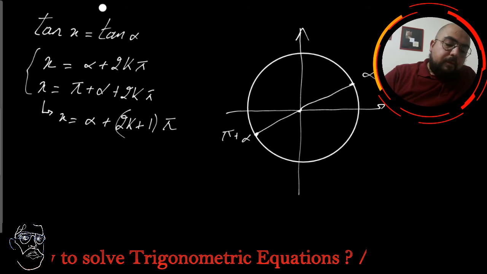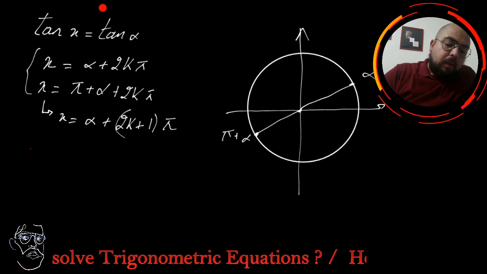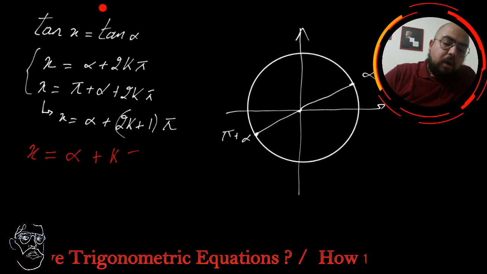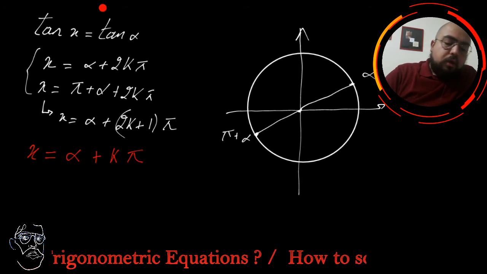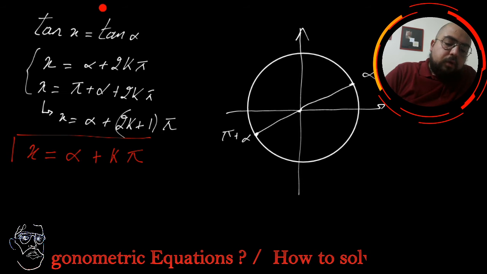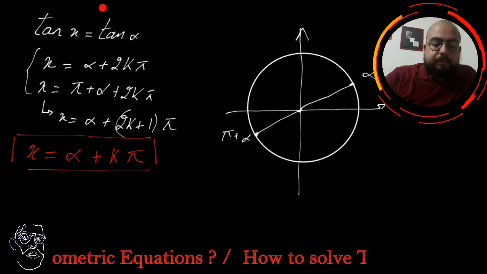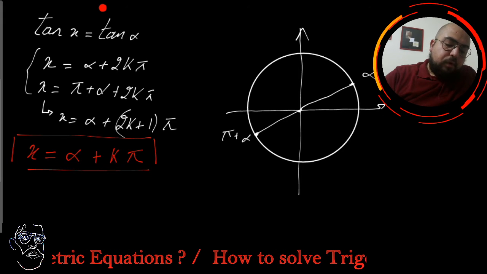So the final solution for this one, you can simply say that x is equal to alpha plus k pi. So k could be odd or even, and you will have to use only this one, x is equal to alpha plus k pi.